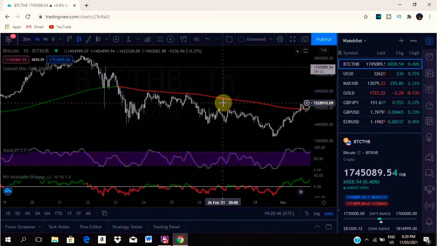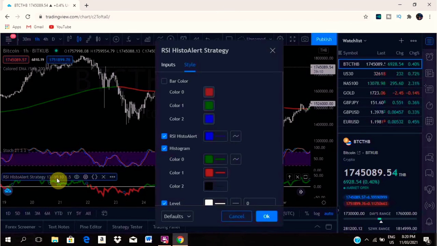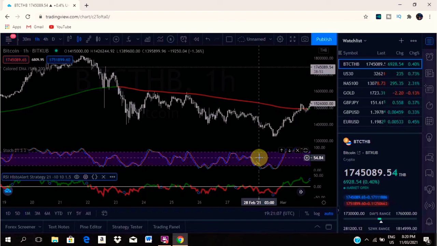And then you will see that when the market is going down, guys, I'm sorry, the RSI is supposed to be in 21 period, because I reset it to the original setting. I forgot to change the value.